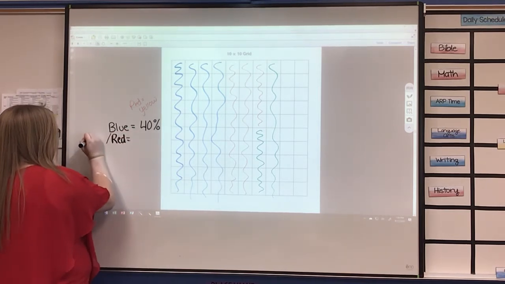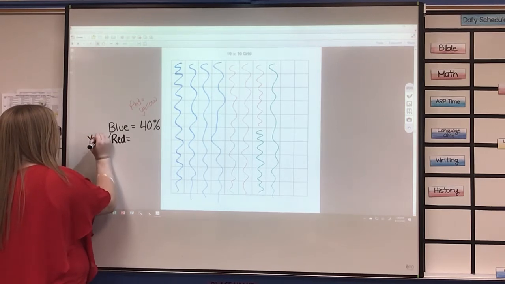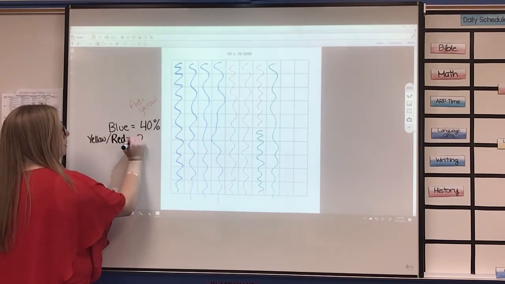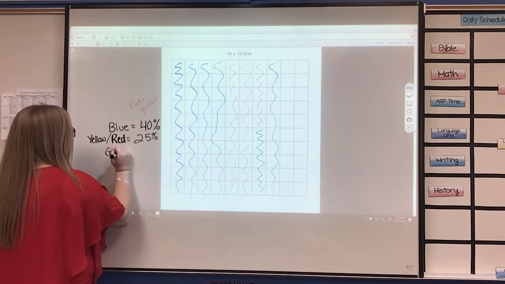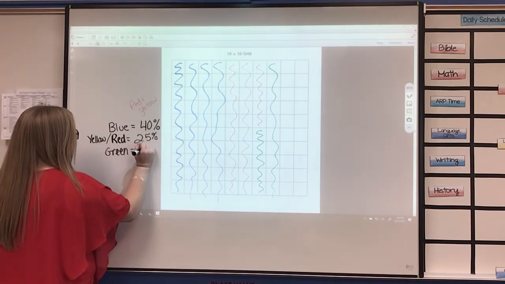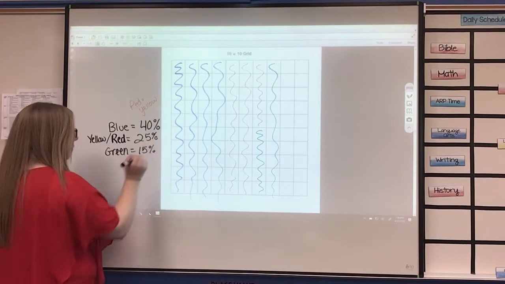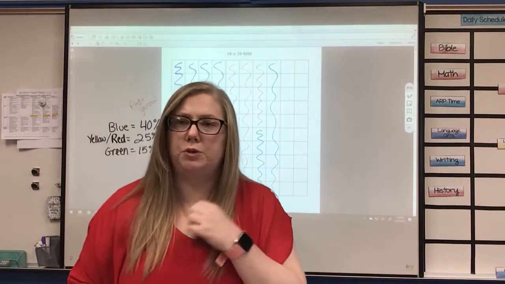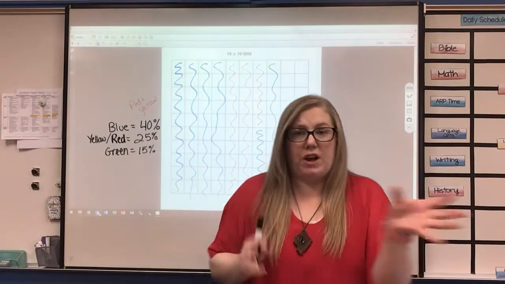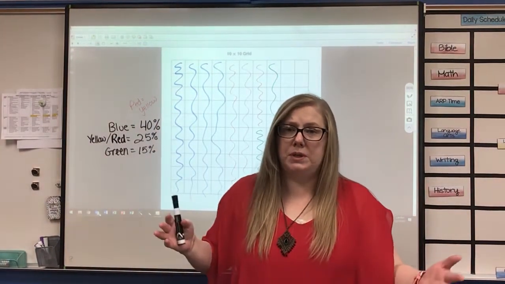This is yellow slash red, which is 25, and then green. There's no problems that you have to do in order to change it from a regular number to a percentage. I just put a percent sign.